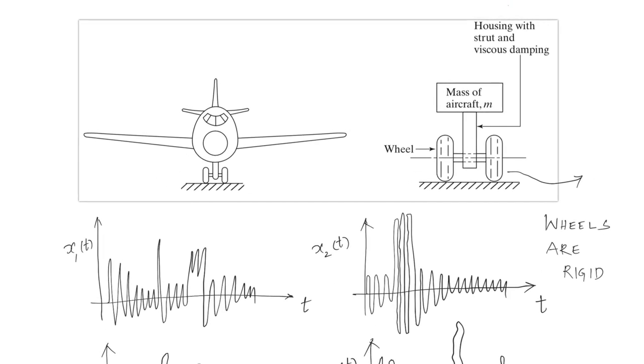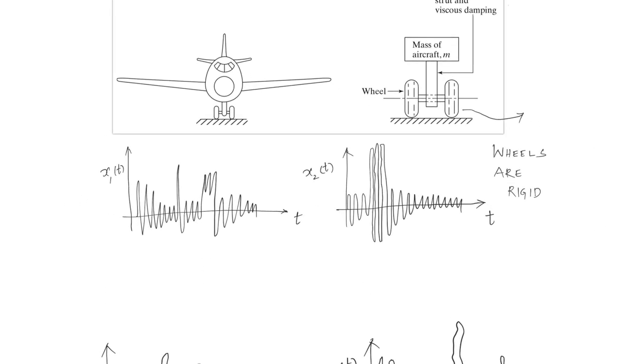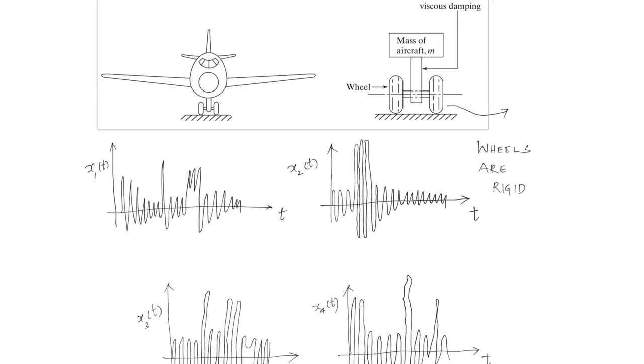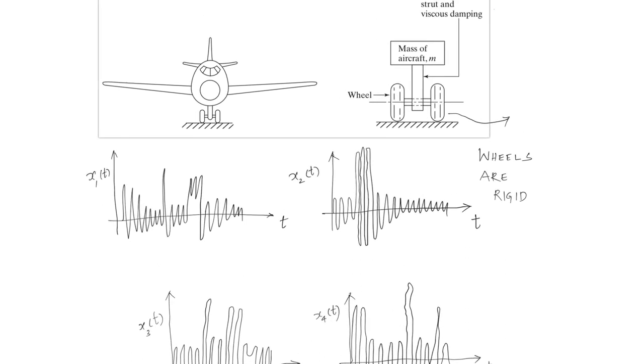Then we went ahead and looked at this case in which you had all sorts of trouble. We wanted to study the response of a particular aircraft when it is landing. The excitation on the aircraft will be a direct function of the displacement of the wheel. So we try to measure the displacement of the wheel, and the first assumption that goes in is that the wheels are rigid.